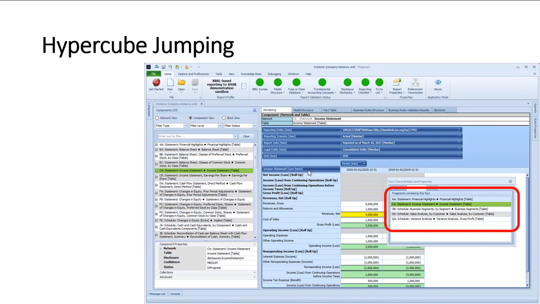So here, you can do what I call hypercube jumping because the hypercubes are not in silos. Here is a list of all the hypercubes where this fact exists, and you can navigate through any of these structures just by clicking this link in this application here.